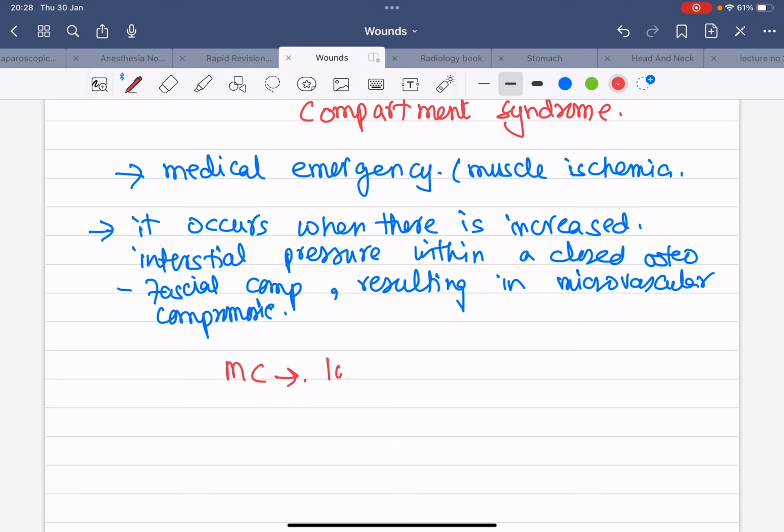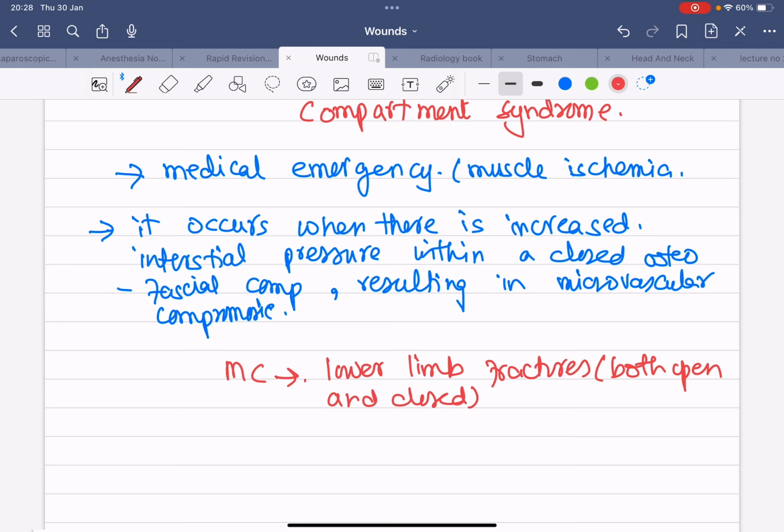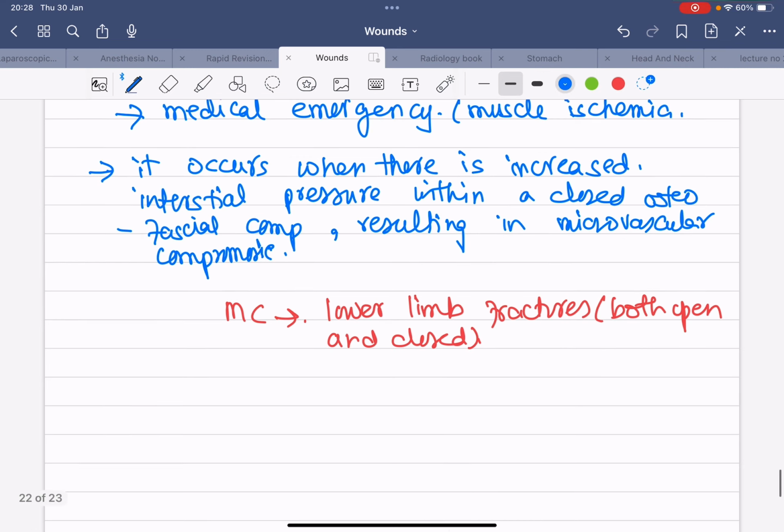It is lower limb injuries, or you can say lower limb fractures, both open and closed. They can lead to compartment syndrome. It can also occur in soft tissue traumas and in arterial injuries.